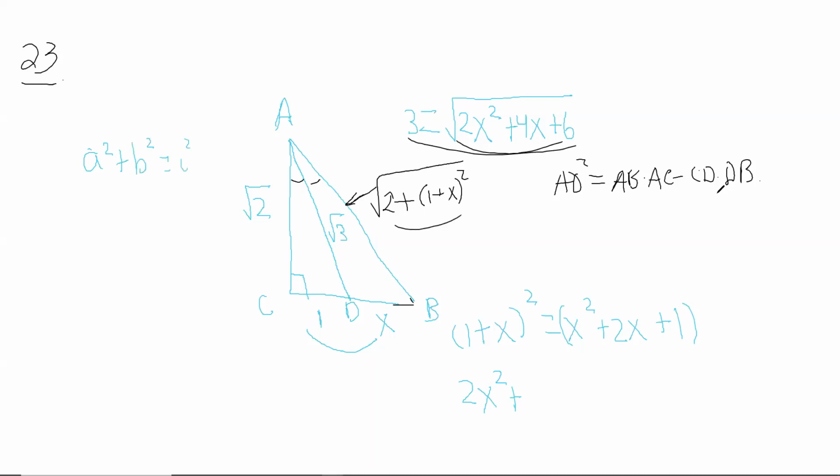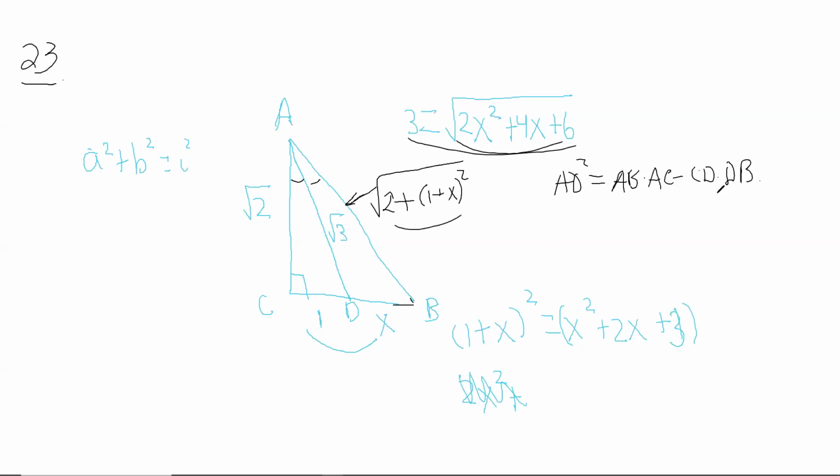So 2 plus 1, and then that square root is just the square root of that. How do you get 2x squared there? Sorry, I'm gonna scribble this out. X squared plus 2x plus 1, and then I added 2, so plus 3.